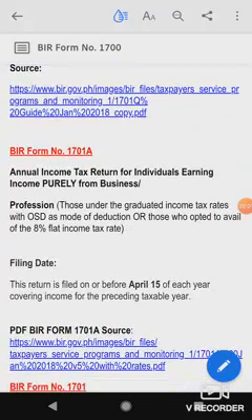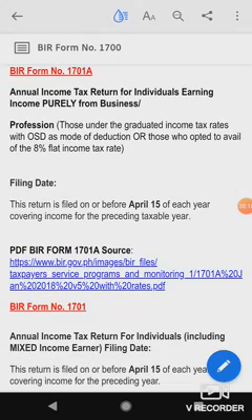Next is BIR Form 1701A, the annual return of individuals earning income purely from businesses. So these are professionals under graduated income tax rates with OSD as the mode of deduction, or those who opted to avail of the 8% income tax rate.